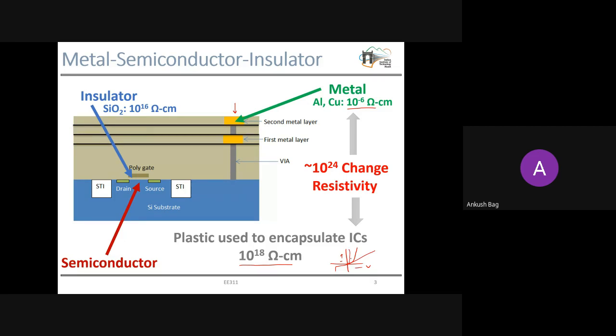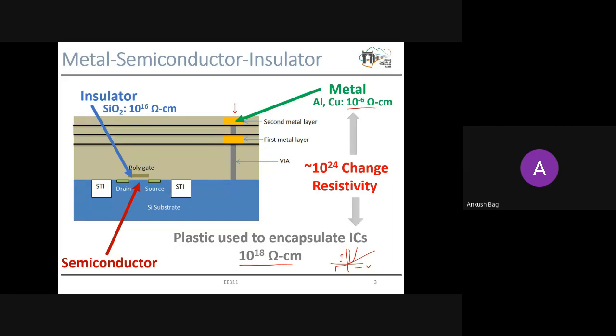So that current essentially depends on the conductivity or resistivity of the material. You can certainly use your multimeter to measure the resistivity or conductivity externally.